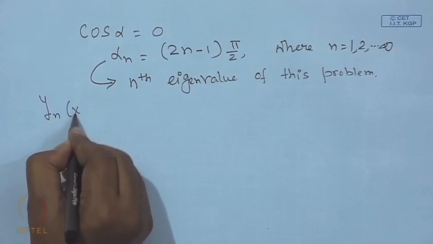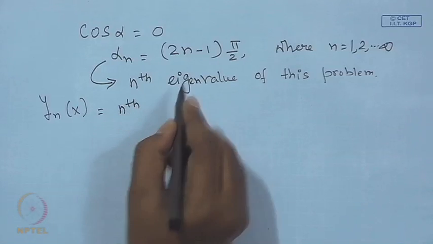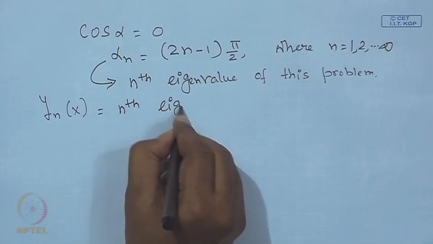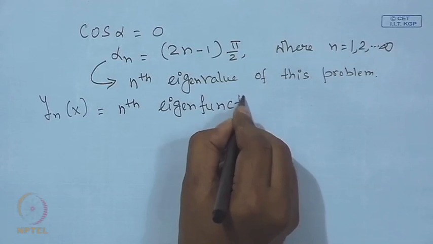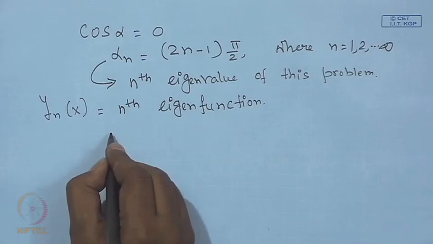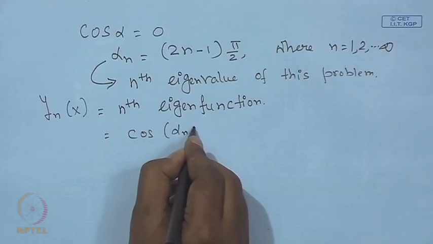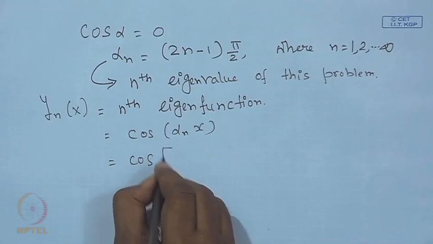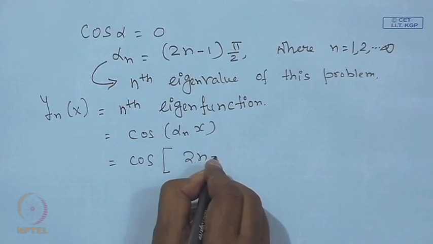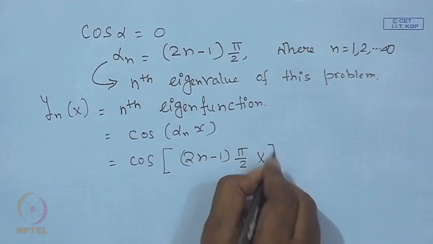So, y n as a function of x is the nth eigenfunction, and this becomes cosine alpha n x. Therefore, this becomes cosine of 2n minus 1 pi by 2 into x.